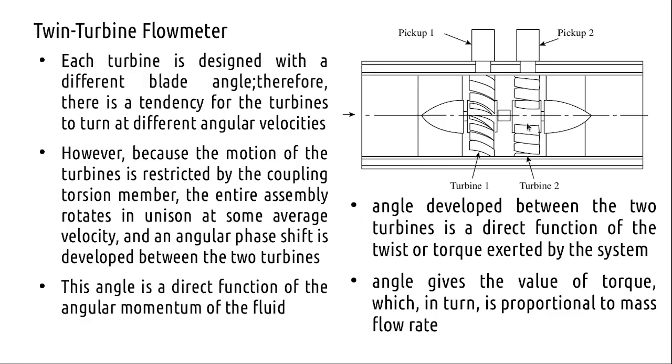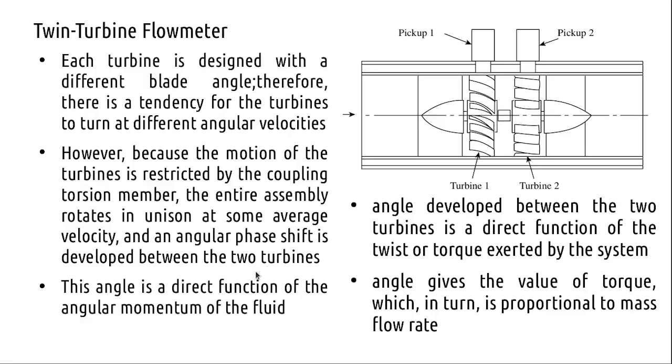Because of this fluid flow they rotate, but they will be rotating at some average velocity. Their rotation will be out of phase. Angularly they will be having some phase shift.